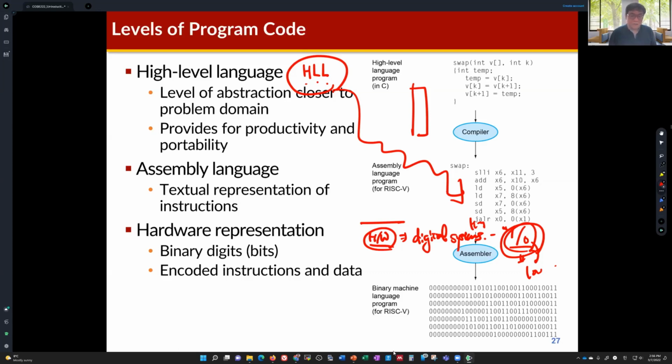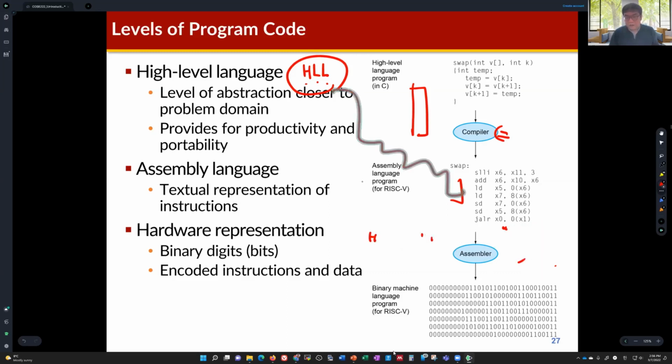So that's why we need these translators called compilers. So let's see how the high-level languages are translated into digital signals.